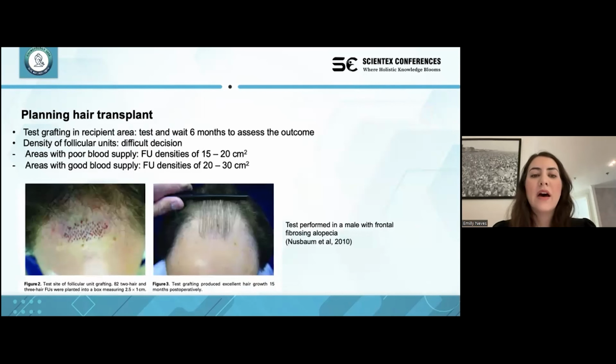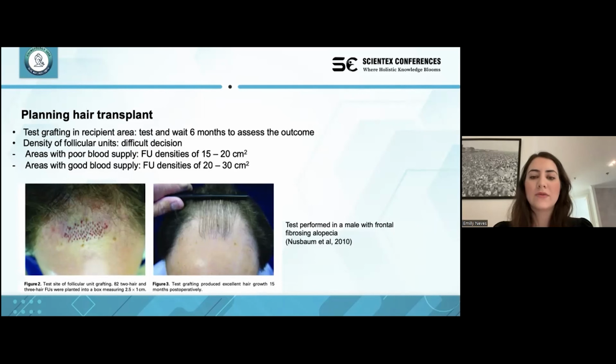There are some articles about a test grafting in the recipient area before the full surgery. It is necessary because we can do this test in a specific area and wait 6 months to assess the outcome, to know if we can treat the cicatricial alopecia.